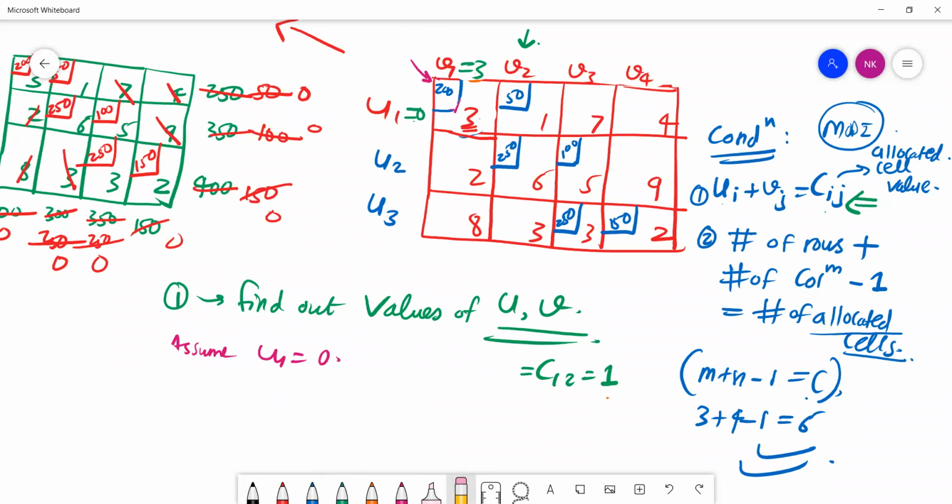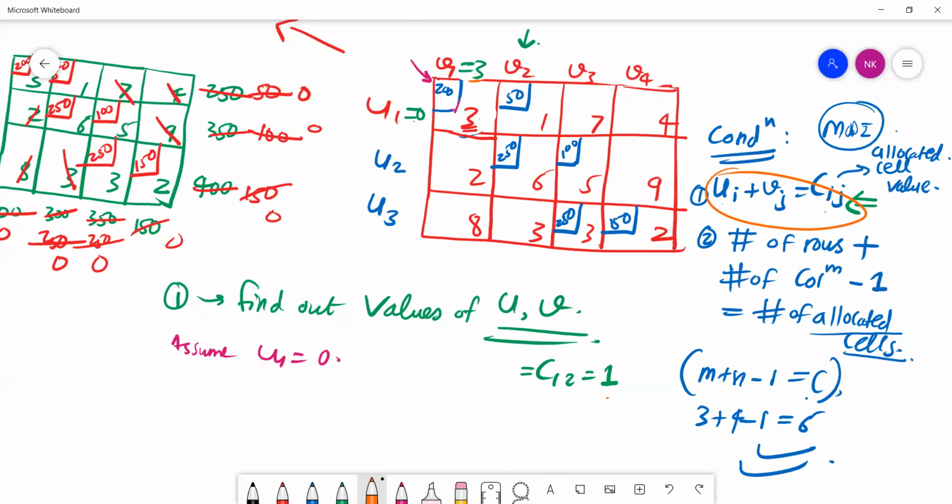Your main intention is to find out the value of all the variables, howsoever you want to proceed. That is the main thing over here. Fine. You can find out all the u's and all the v's pertaining to this particular condition, u plus v equal to c.